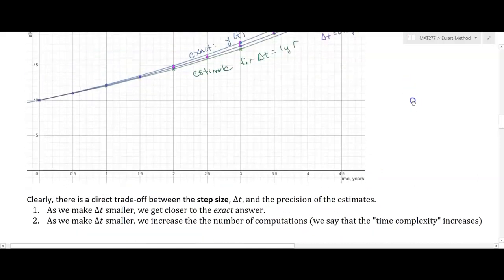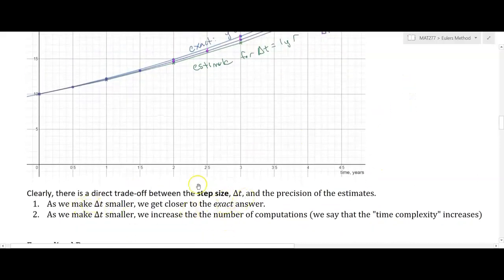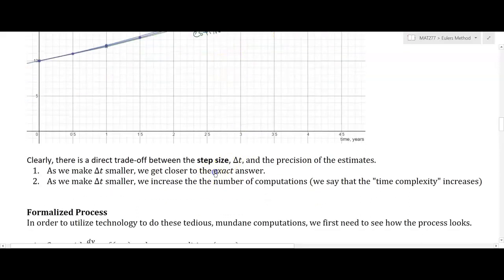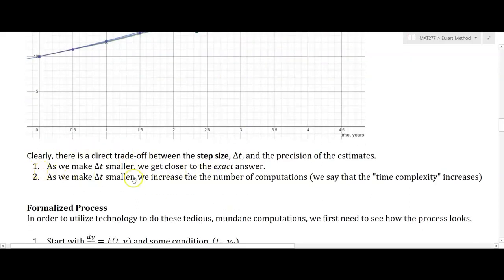So clearly there's a direct trade-off between the step size, so that's the name of this delta t, and the precision of the estimates. As we make delta t smaller, we get closer to the exact answer, as evidenced by the spacing between our exact curve and our estimated curve. But on the other hand, as we make delta t smaller, we increase the number of computations, right?